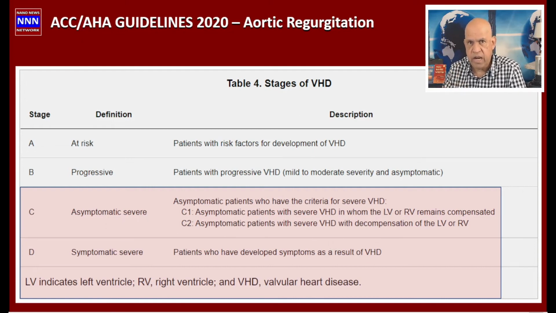So if you have a chronic aortic regurgitation patient who had a normal ejection fraction to start with, and now you see a drop in the ejection fraction, they fall in the category of C2. And finally, D, which is like a slam dunk, a patient with severe symptoms who has decompensated valvular heart disease.